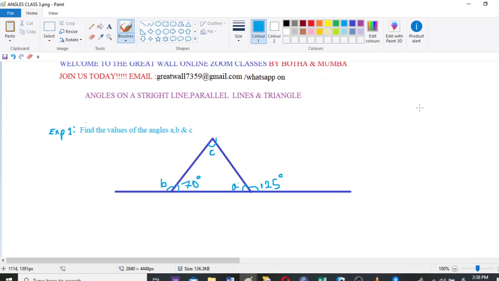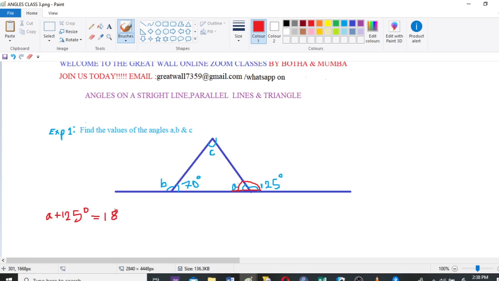So to calculate for A, we know that these two angles are lying on a straight line, and we know that the total angle of a straight line is 180. So for A, if you add angle A plus angle 125, which you have, the total should give you 180.